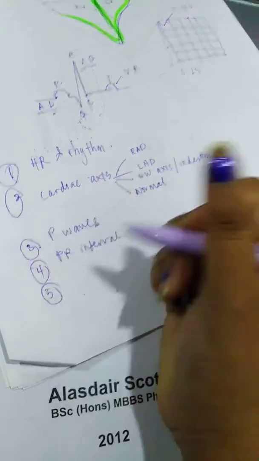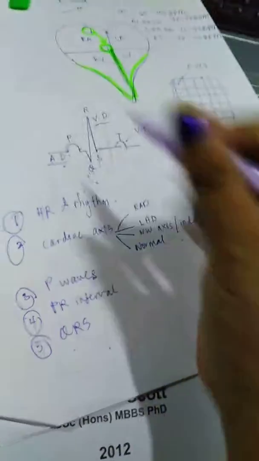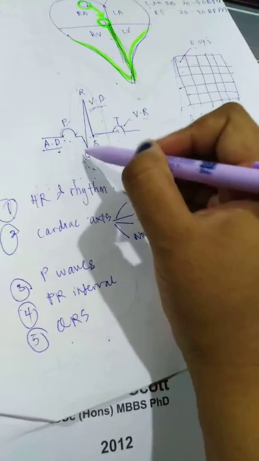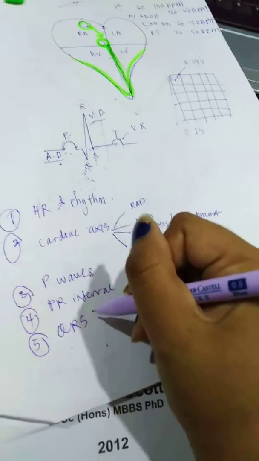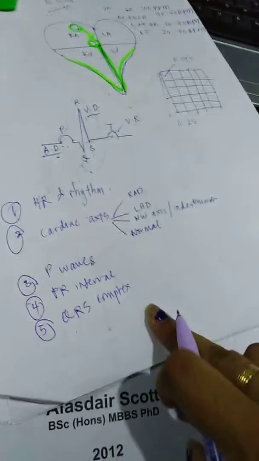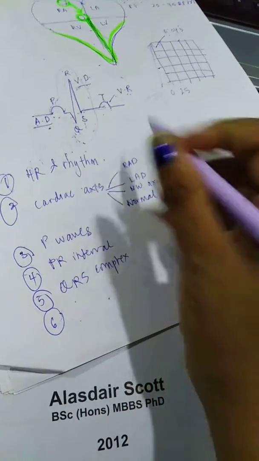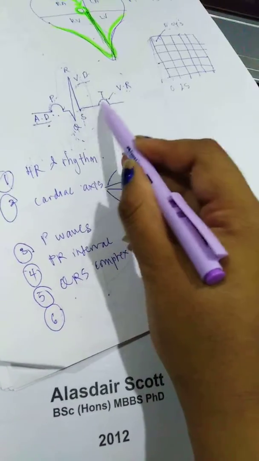And then you go to step number 5, which is your QRS complex, your inverted V here. How does the QRS complex look? Then step number 6 is where you get to see your ST segment.